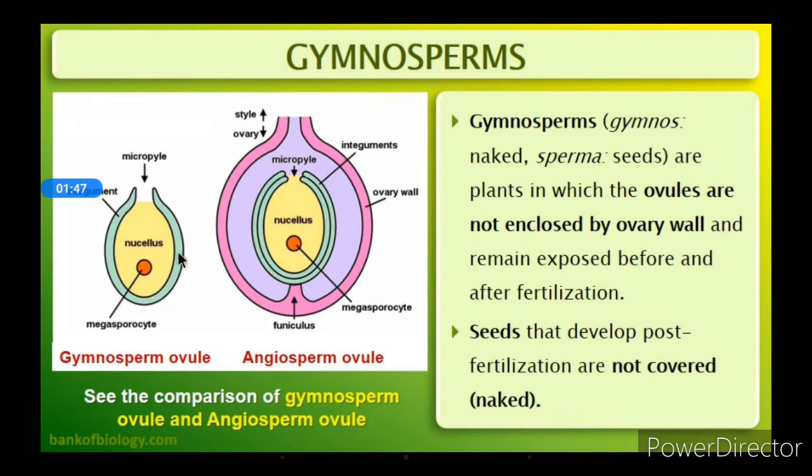They are not enclosed by the ovary wall. That is the main difference. So in gymnosperms the ovules remain exposed before and after fertilization. Got it? Seeds developed after fertilization are not covered at all, which means they are naked.